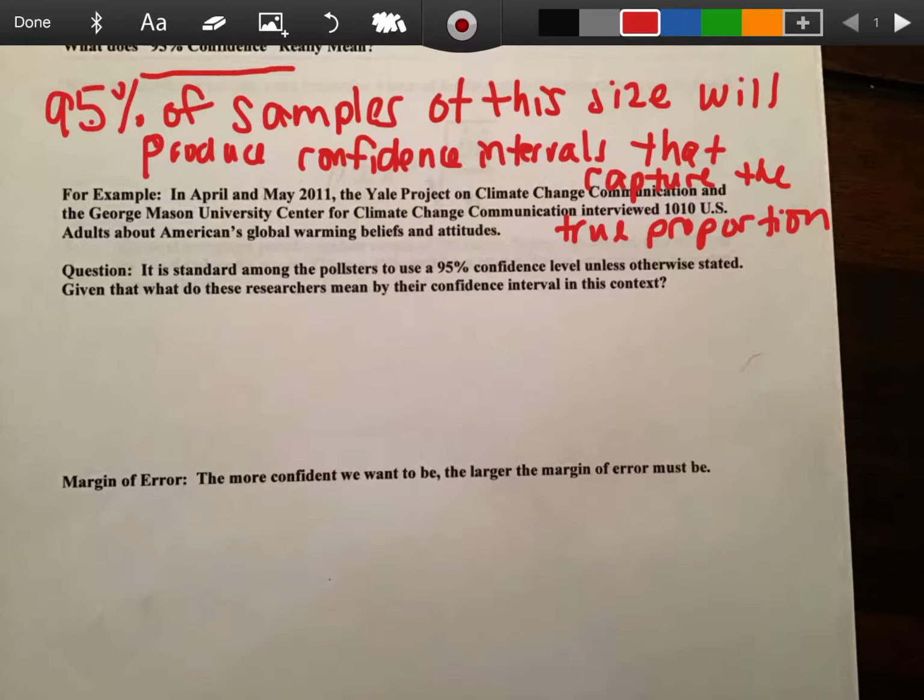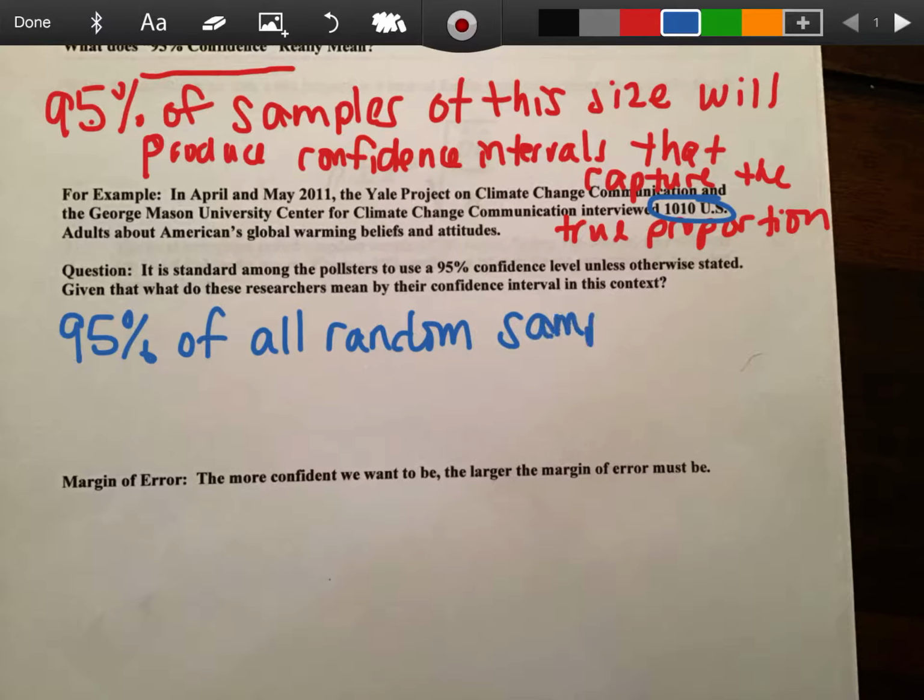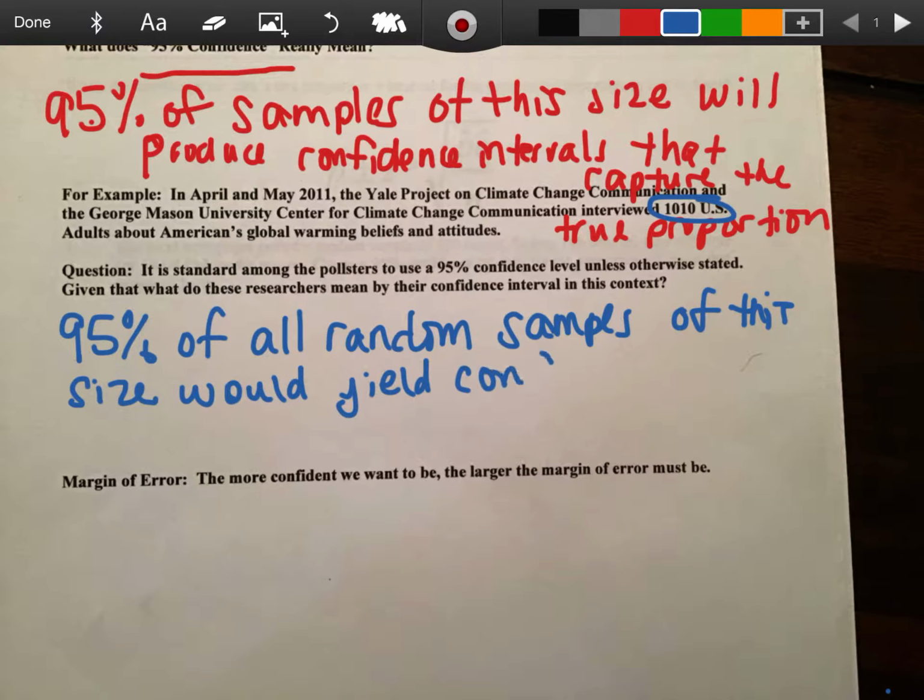Okay, so what this really means is if this polling were to be done repeatedly with the same sized sample, so if you go all over the world and you ask sample sizes of 1,010, 95% of all random samples of this size would yield confidence intervals that contain the true proportion.